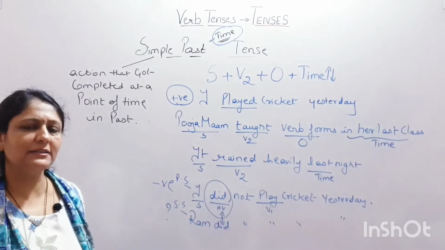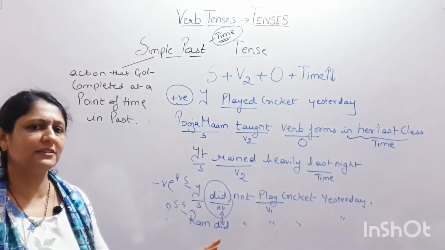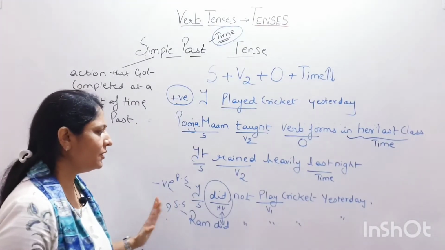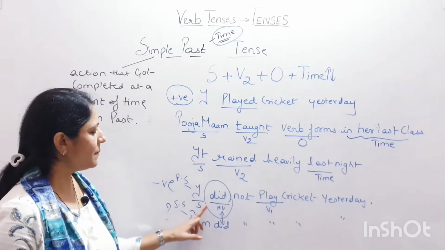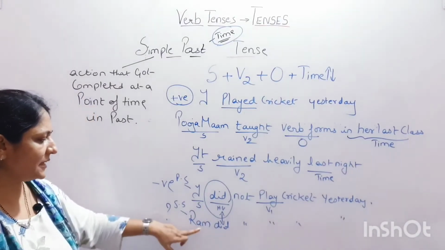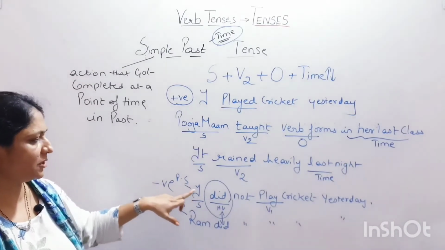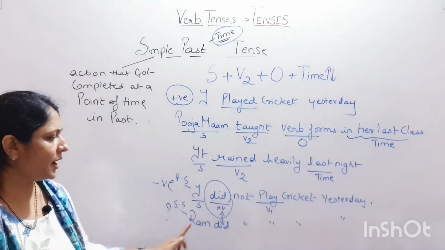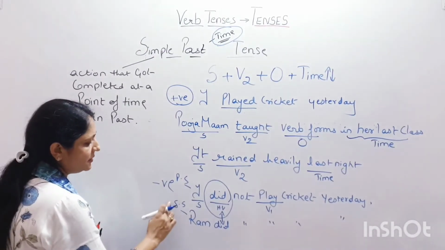Do और does का change सिर्फ simple present tense या present tense के ही subjects में होता है. There is no difference or no change of helping verb when we are talking about past tense. So here my sentence with singular will also take did and my plural verb subject will also take did. So Ram did not play cricket yesterday. Both these sentences were negative sentences.